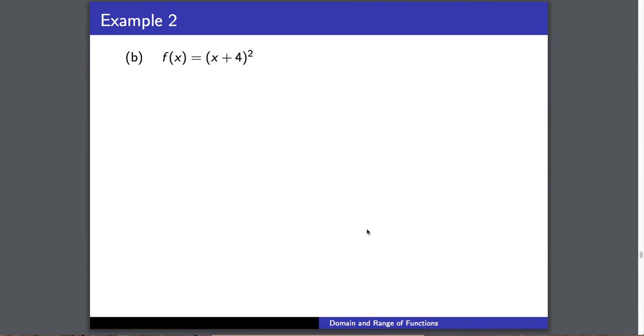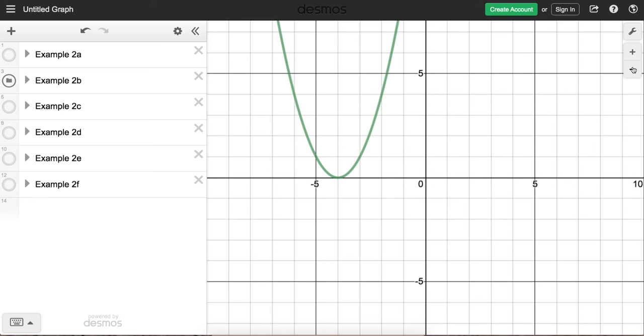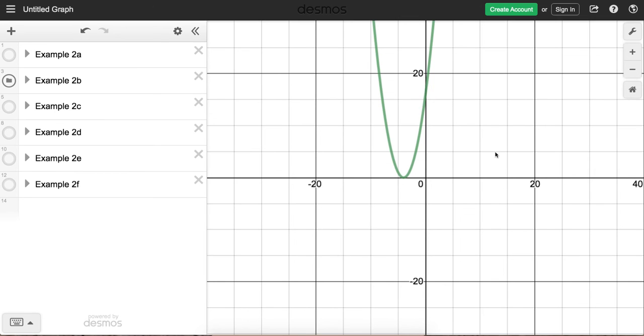Part B, f of x equals (x plus 4) squared. Well, the domain of this we found to be all real numbers. However, if we look at the graph, our graph doesn't go below the x-axis.